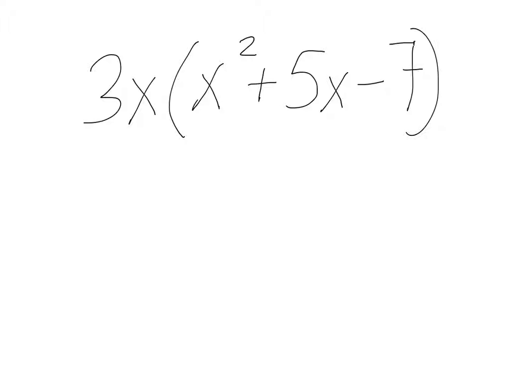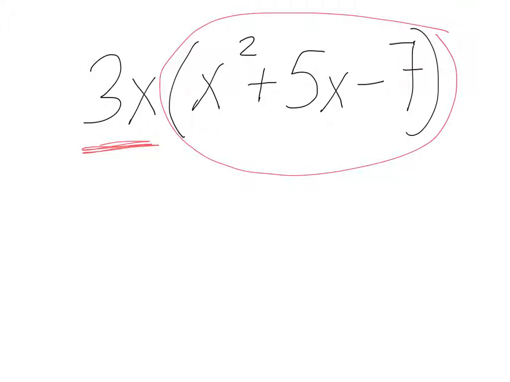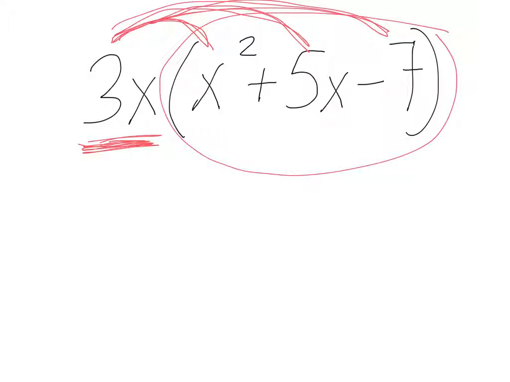What that means is it's saying here 3x times this whole bracket. So 3x times this, 3x times this, and 3x times this. It's called the distributive law. You are distributing that 3x through everything, and then the brackets can go away, and the 3x can go away.